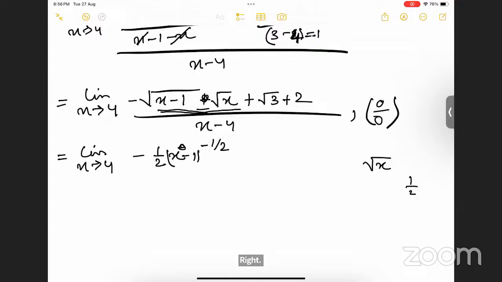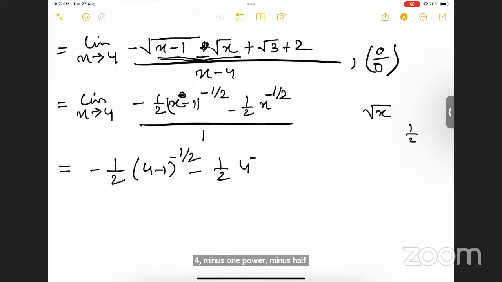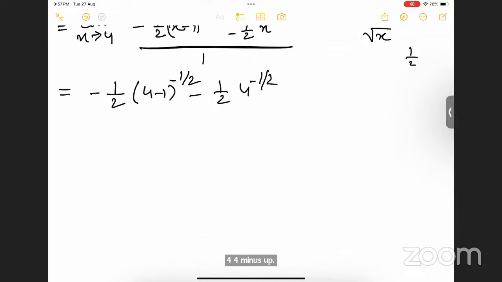And for this, we have minus 1 upon 2 x to the power minus half. For this portion, we have 0 and here we have 1, right? So now we can directly put the value here. It will be 1 by 2 (4 minus 1) to the power minus half minus 1 by 2 (4) to the power minus half. Now we can simplify it and calculate the value.